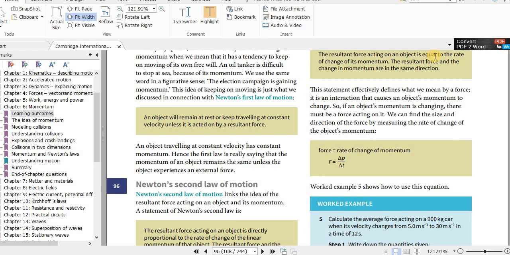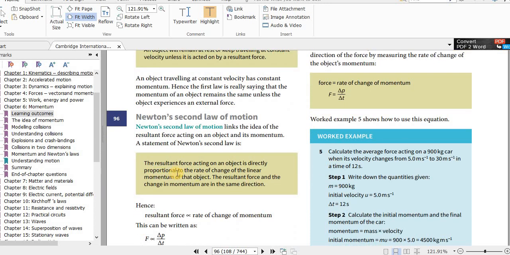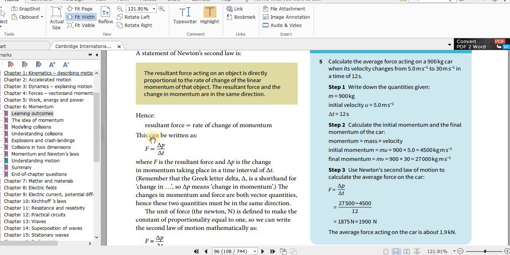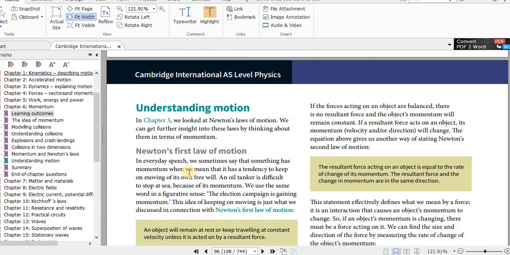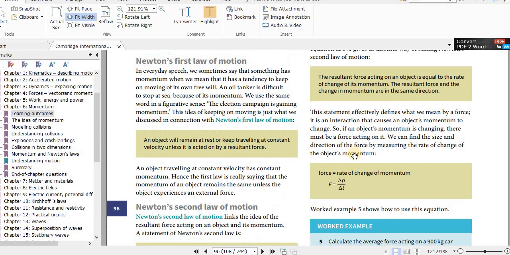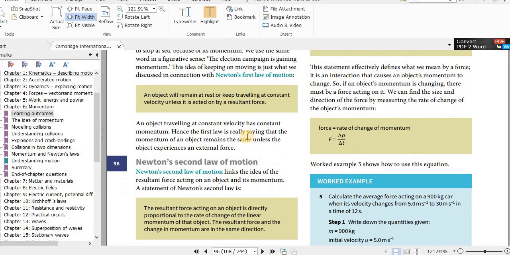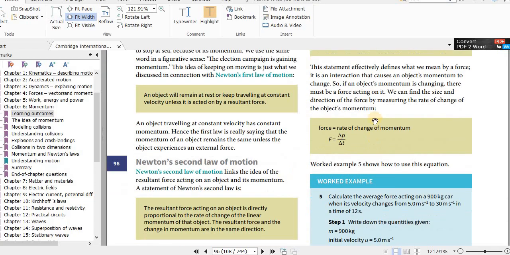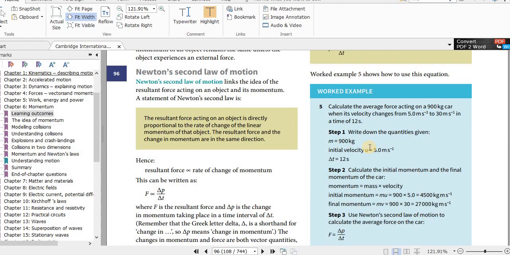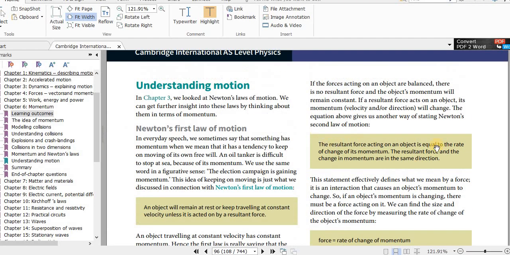So here it says directly proportional, here afterwards equal. So the constant of proportionality is equal to 1. Both ways we can state Newton's second law. And even this is Newton's second law. So you can study all 3. I think the best would be to write this one.